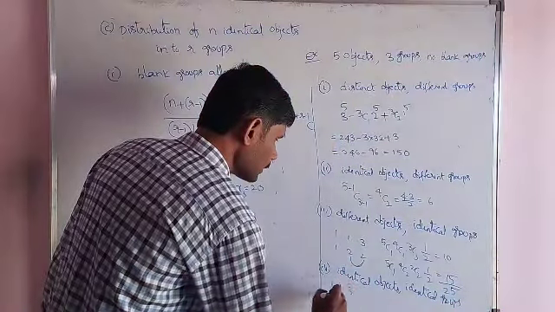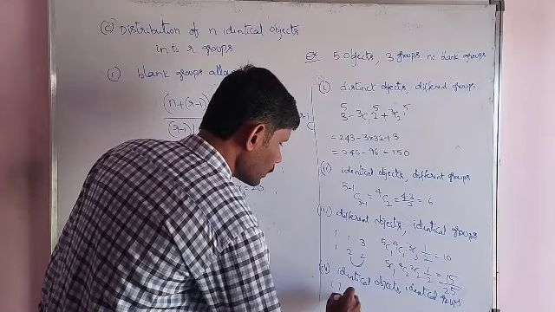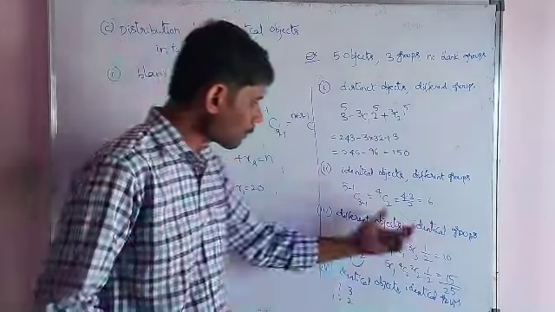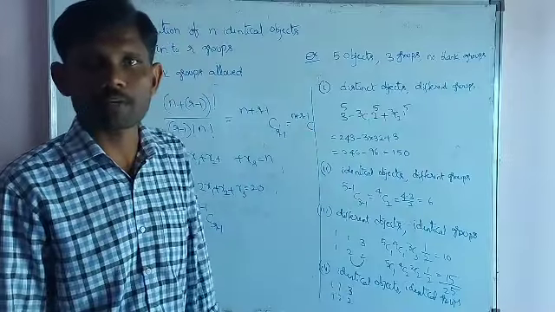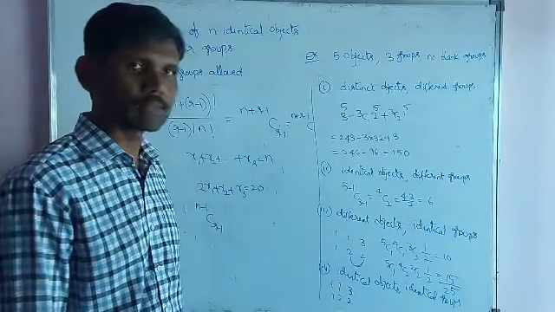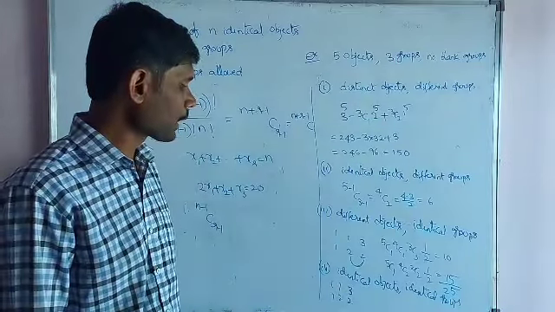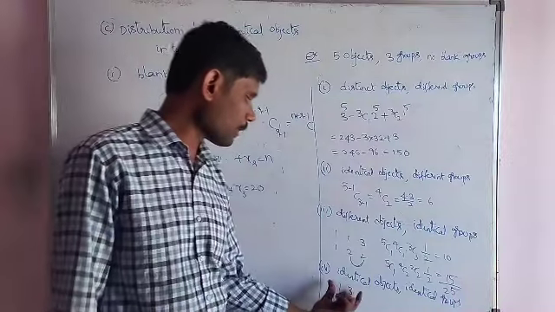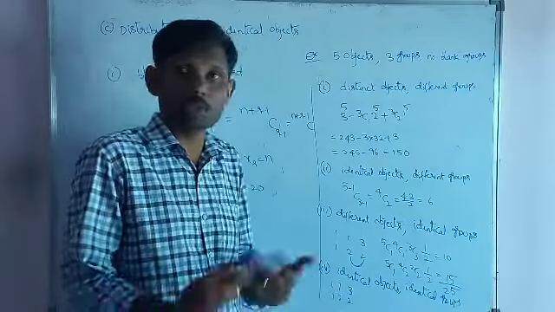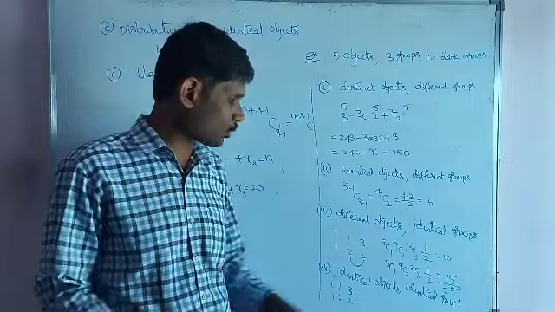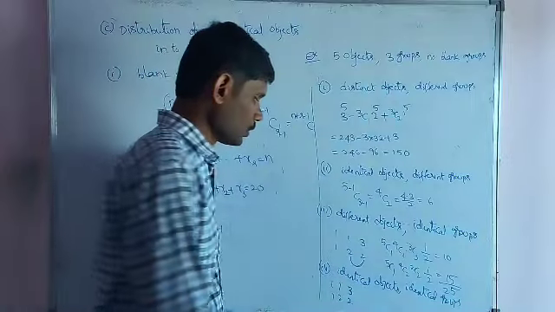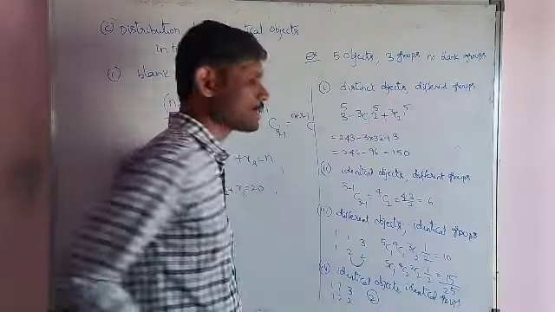Same 1 1 3 and 1 2 2. Here 5c1 4c1 won't come because objects are identical. We can do only one way, the selection will be only one way. So this is one possibility, this is another possibility. Again further group arrangement is also not there, groups also identical. Only 2 ways. Answer is 2 in this case.